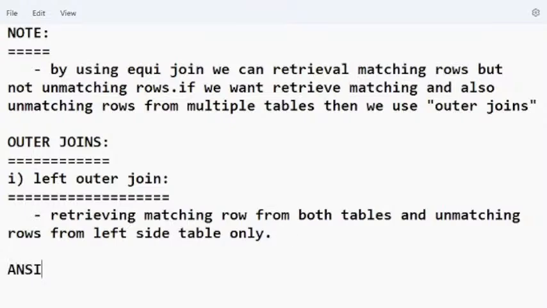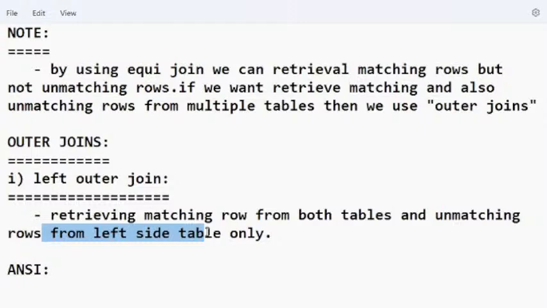I'm going to write the ANSI first. Your definition understood now? Left outer join retrieves matching rows from both tables, left and right, but unmatching rows from left side only. But sir, which table is left and which table is right? How can I decide? It's the way of passing order. The tables in which order the programmer will pass, based on that, the programmer can decide left and right.